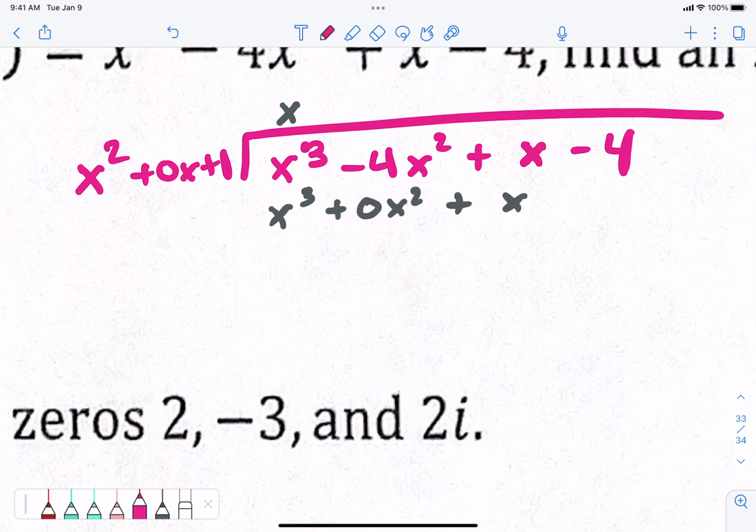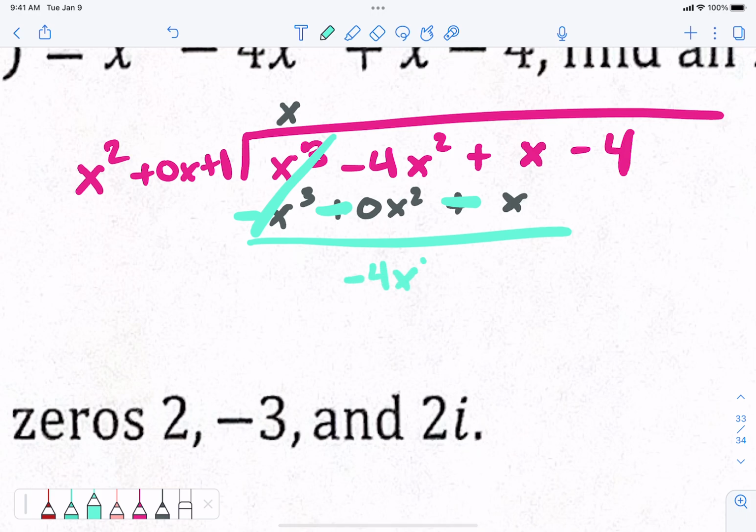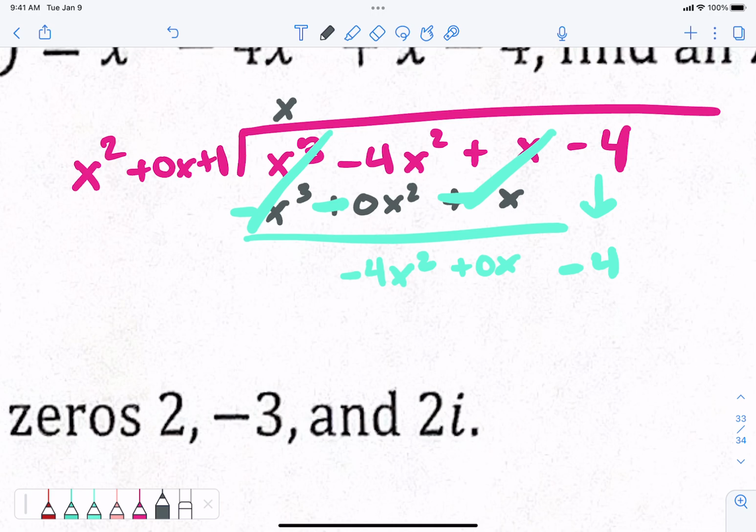Then we flip the sign. Minus, minus, minus. Gone. So negative 4x squared. What do you take times x squared to get negative 4x squared? Negative 4.